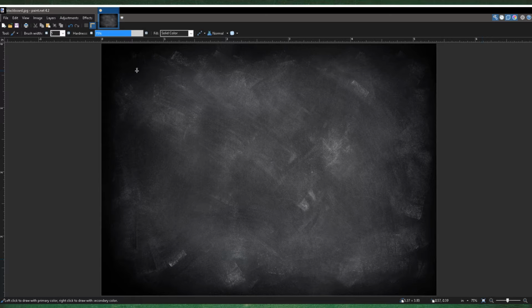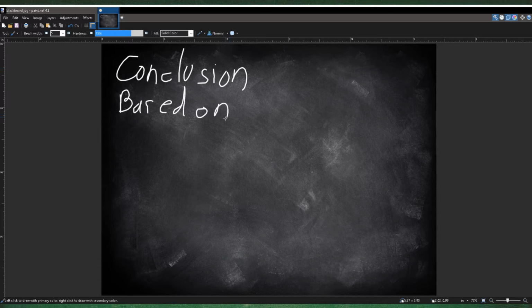And the last thing you're going to do is write a conclusion. The general idea is that, based on the p-value, you have to compare it to something.